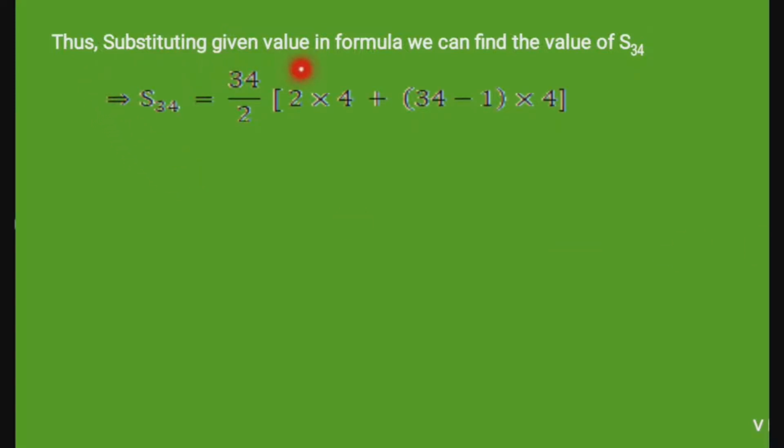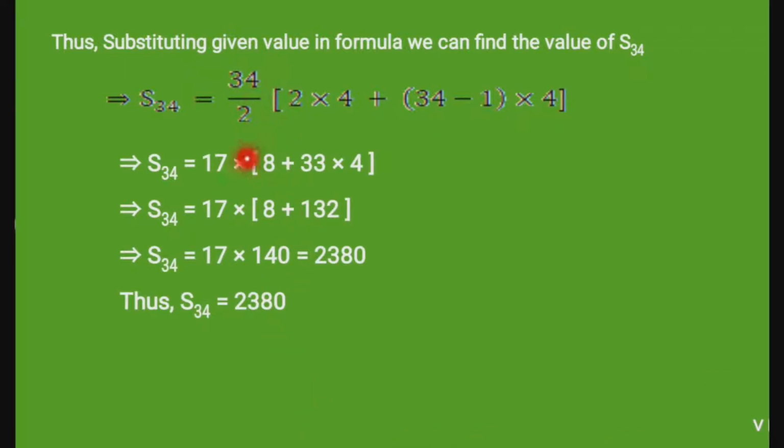Thus substituting given values in the formula, we can find the value of S34. So here we write n as 34. S34 equals n by 2, that means 34 by 2, into 2 into a, which is 4, so 2 into 4 plus n minus 1, n is 34, so 34 minus 1 into 4. So we calculate this.